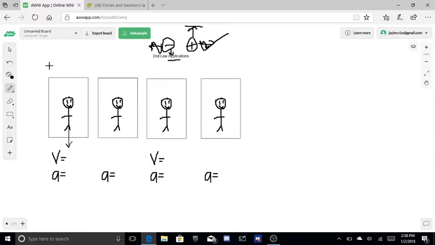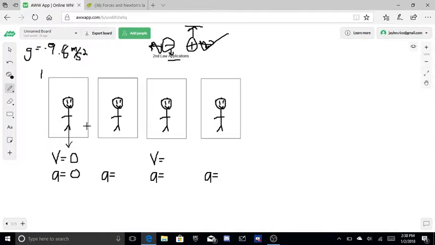Alright, so here we have, let's call this stage 1, our elevator's at rest. And let's put gravity g equals negative 9.8 meters per second squared. Since it's at rest, its velocity is 0 and acceleration is 0.